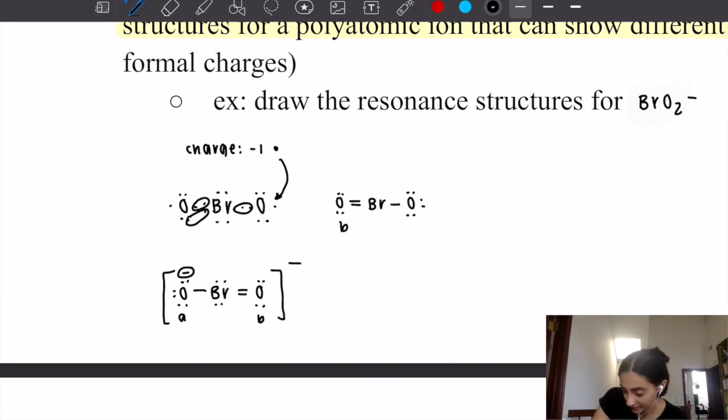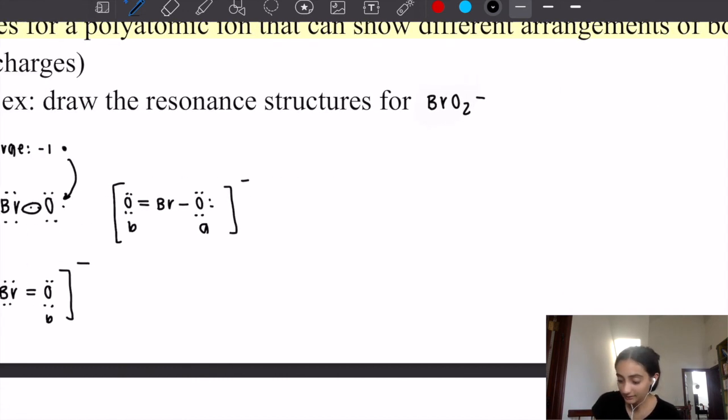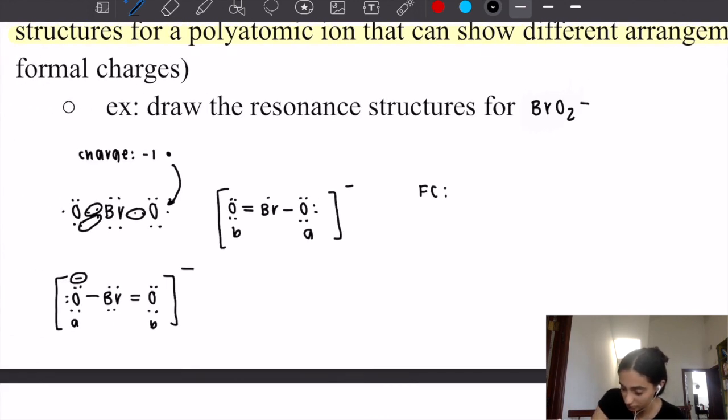So now I'm going to call this one B and this one A, and I'm going to bracket it, put a minus sign, and we're going to calculate formal charge again. So we also have 2 lone pairs for bromine. So for bromine, we have 7 valence electrons, minus 4 unshared, minus 1/2 of 6 shared equals 0.